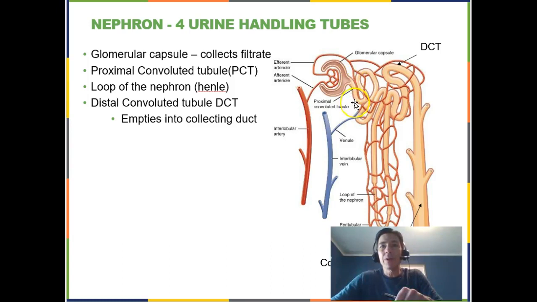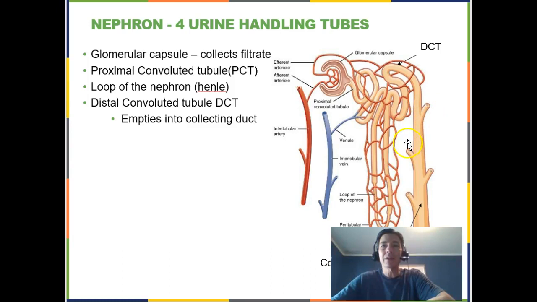That fluid will then flow through first a proximal convoluted tubule, then down the descending limb of the loop of the nephron. My slides still call it the loop of Henle because I forgot to change it. So down the descending limb, up the ascending limb of the loop, and then into what is called the distal convoluted tubule, which then drains into a collecting duct.